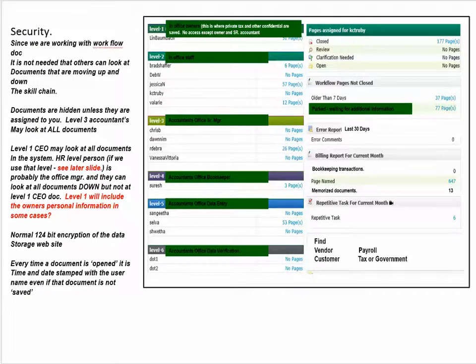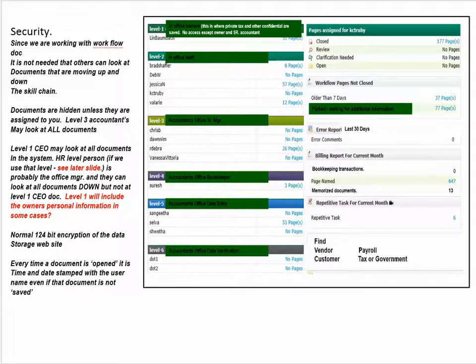Now, what I'm going to do is set the screen up so that even though it'll have a little bit different color code, what the SMB sees is going to look almost a lot like yours, but it's only going to include those people in his office that have anything to do with workflow documents, which might be the production manager, it might be the office manager, it might be the payroll manager, and then everybody that's working on this account that's under you will also be on the business owner's screen.